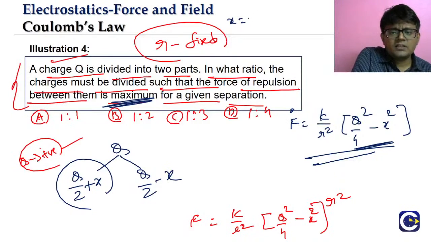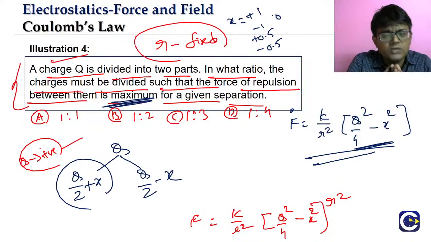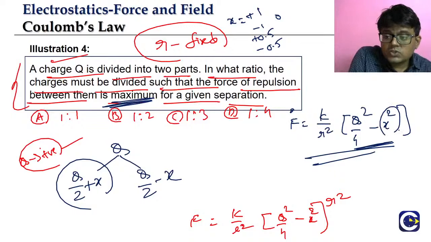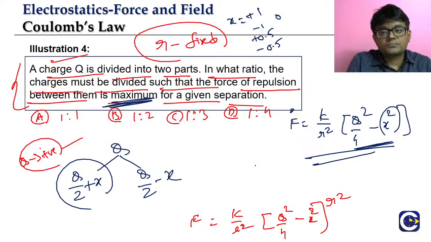X can be maybe plus 1, or it can be minus 1 or plus 0.5 minus 0.5. It can be anything. It can be 0 also. X can have any values. But நம்ம என்ன பண்றோம்? We are subtracting x square from the q square by 4. ஓகேவா? See, x square ன்னு சொன்னா whether x is a positive value ஆகட்டும் or negative value, x square will be always positive.